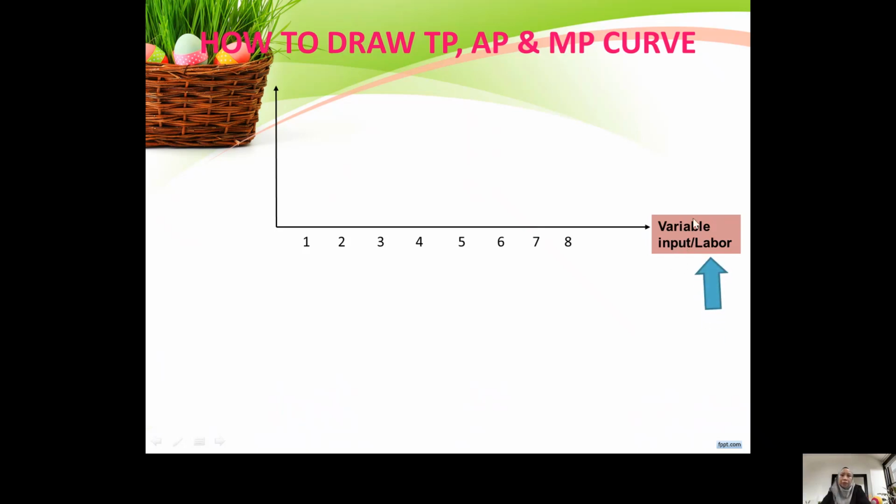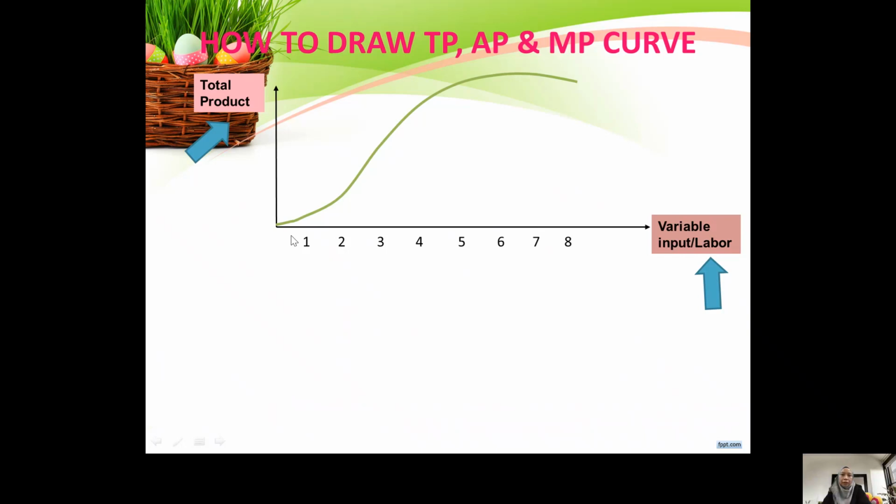So you determine the value for labor from the table. This one is the x-axis, and next is the y-axis. The y-axis is from the value of total product from the table. And then you draw the total product curve.